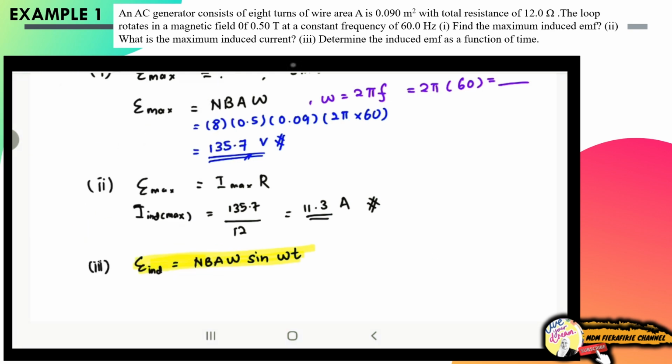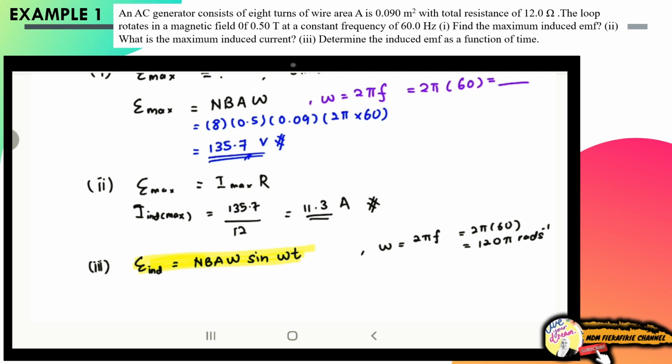Let's calculate first the value of omega. Since it is equal to 2 pi f and f is equal to 60 hertz, I substitute 2 pi times 60 and write it as 120 pi radian per second. I just leave the answer for omega in terms of 120 pi.